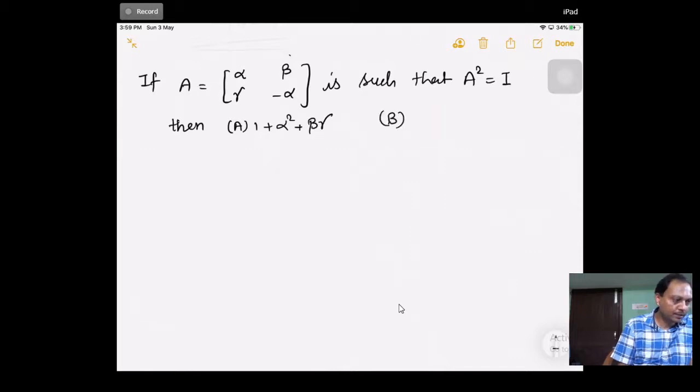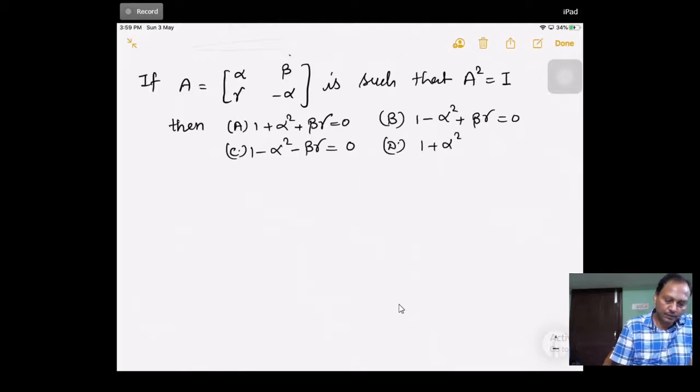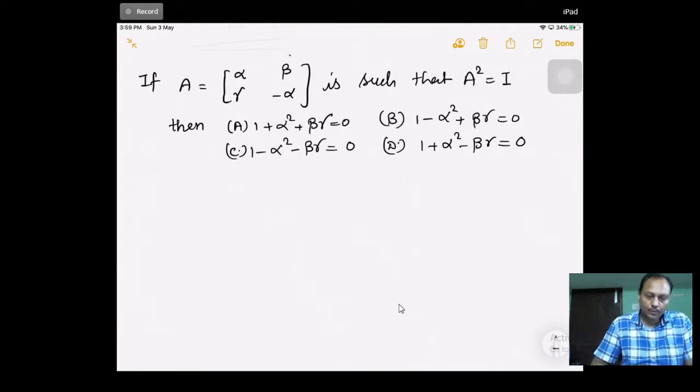Option B is 1 minus alpha square plus beta gamma equals to 0. Option C is 1 minus alpha square minus beta gamma is equal to 0. And option D is 1 plus alpha square minus beta gamma is equal to 0. This is a multiple choice question. We have to find which option is correct.